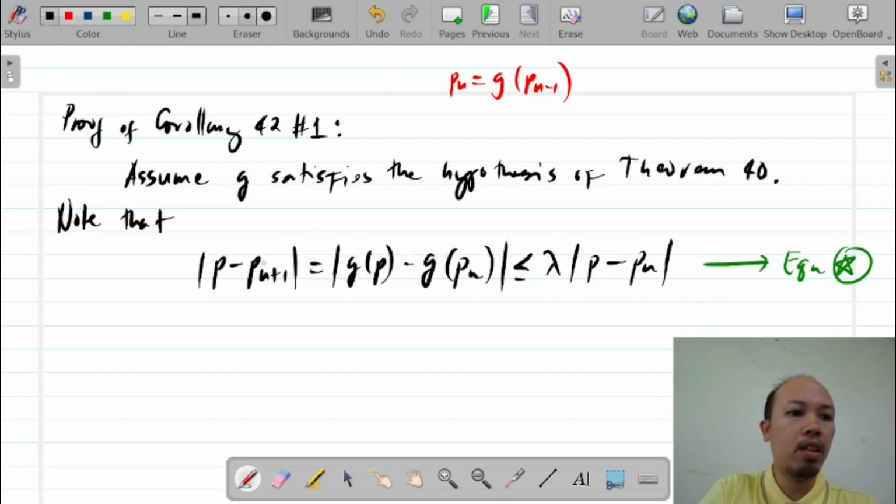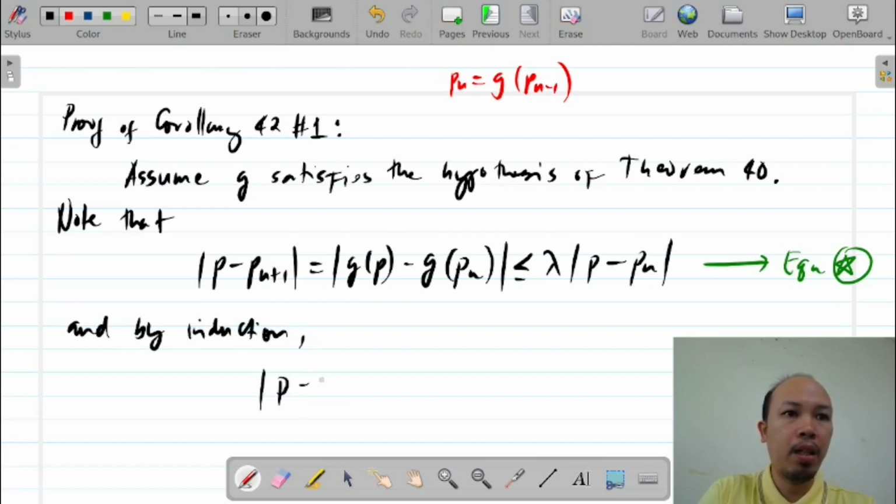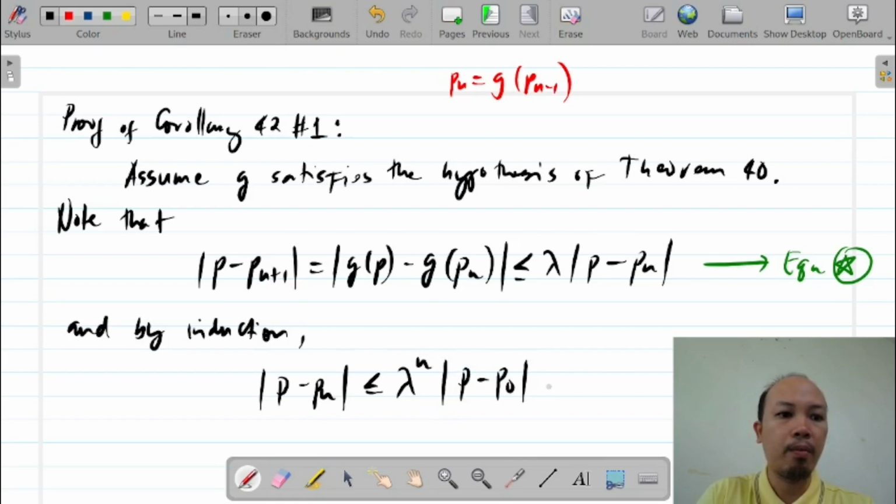And notice that by the principle of mathematical induction, we can show that the absolute value of P minus P sub n is less than or equal to lambda to the n times the absolute value of P minus P sub 0 for all n greater than or equal to 0.